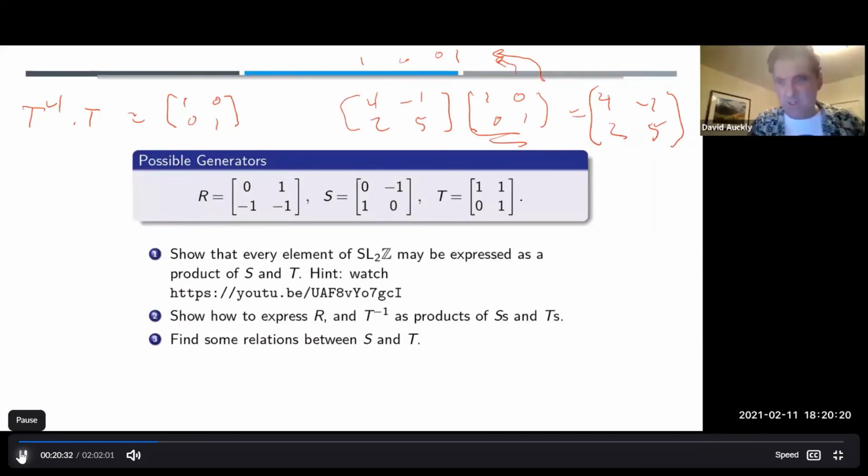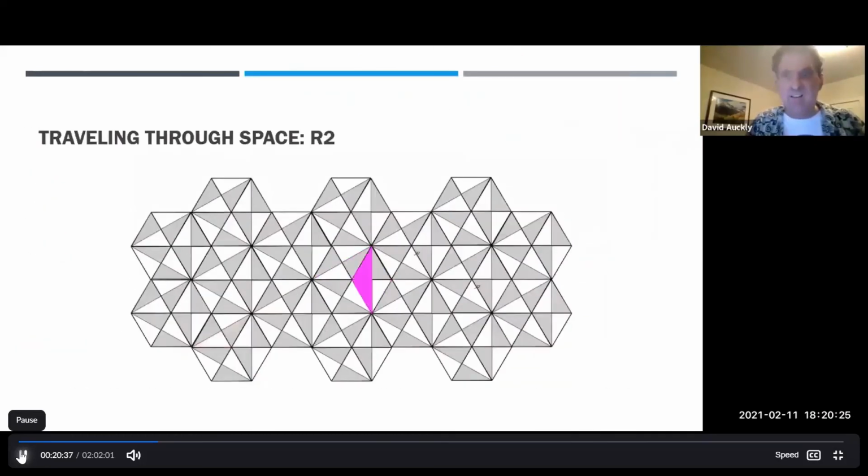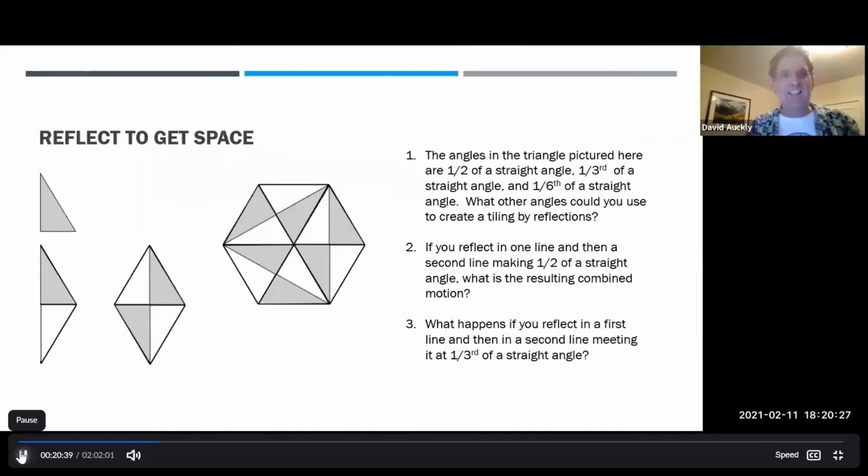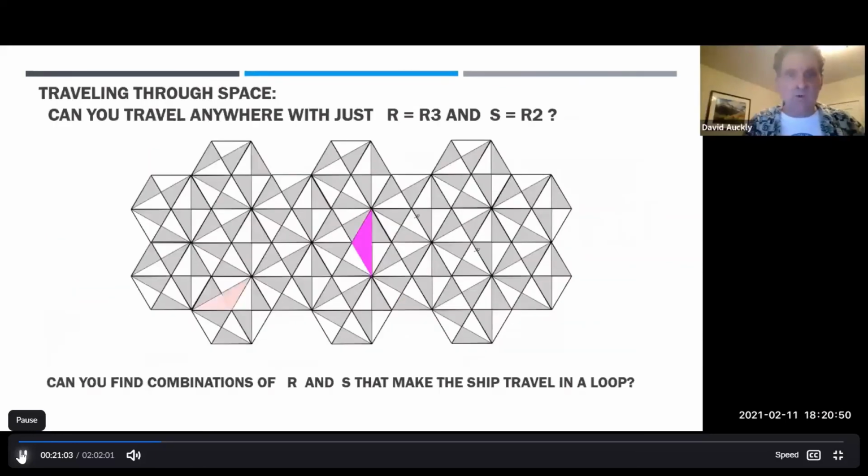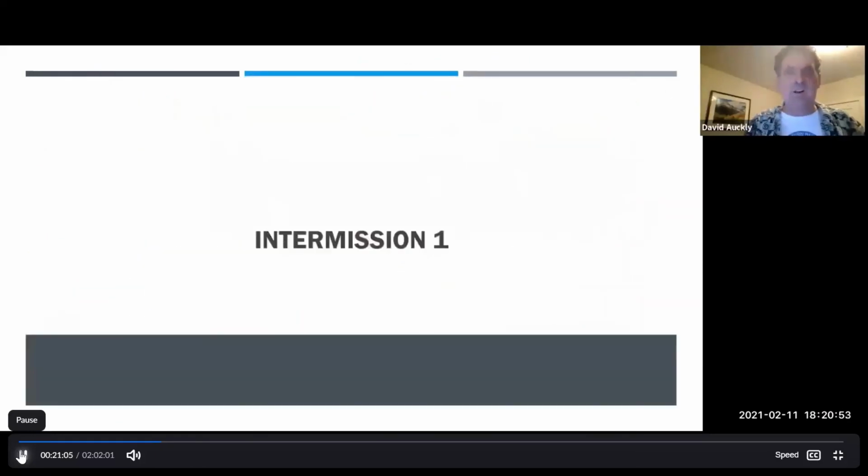There are also, from the very beginning, these 3 questions about what angles you can make in triangles, and what happens if you do a reflection and then another reflection about 2 lines that meet at an angle, where the angle is a half of a straight angle or a third of a straight angle. And those are our questions. With that, I will bounce to our intermission.